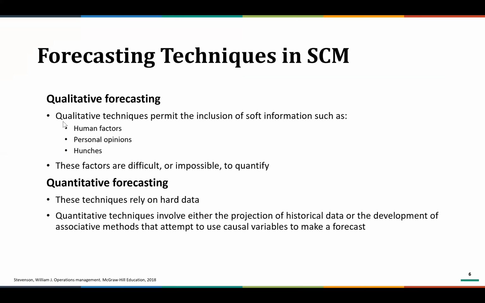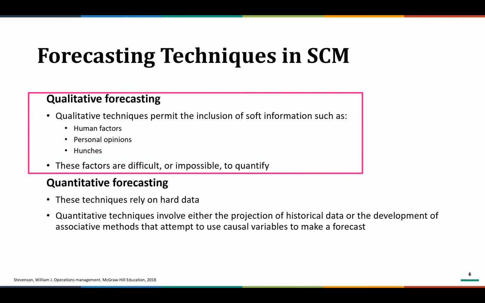For example, especially for a forecast with a long-term period, you are going to need some expert opinions in order to give a better forecasting result. That's where qualitative forecasting comes into play.